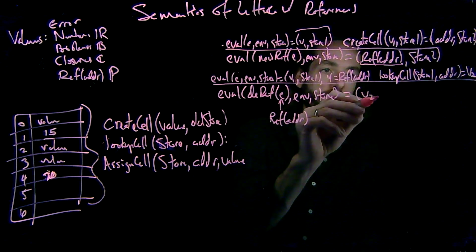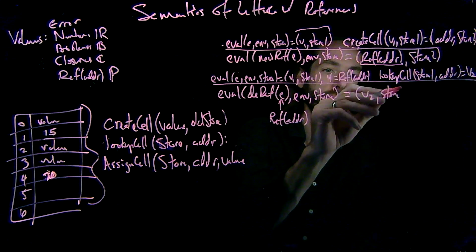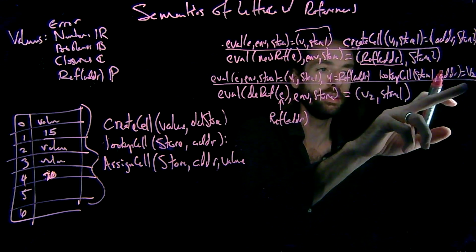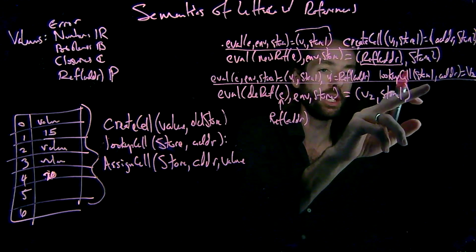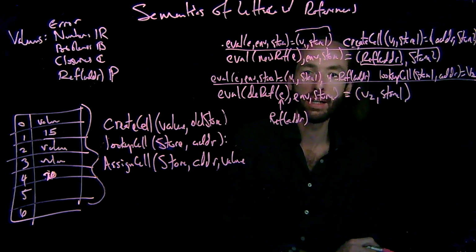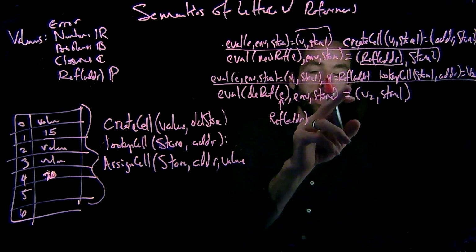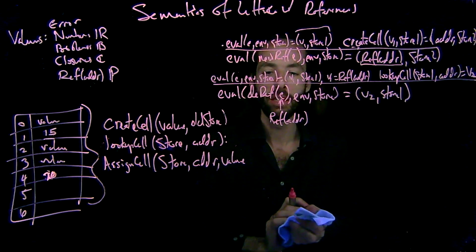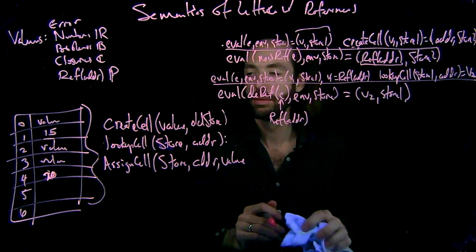So we're going to return v2 and store1. Because lookup cell does not modify the store, we can use the same store there. Obviously, if v1 is not a reference, then we want to throw an error. But this is our error-free deref definition.